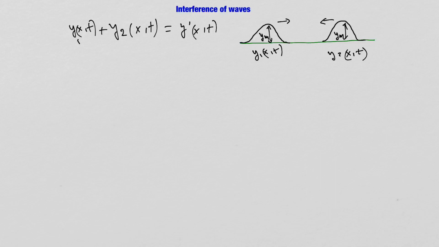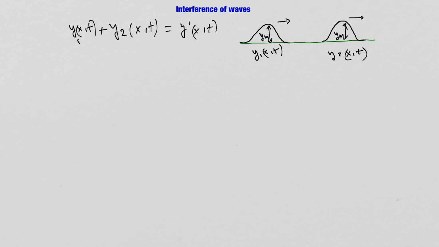Okay, actually I will change this situation a little bit. I'm going to take the waves to go in the same direction, but they will have a phase shift. So both waves y1 of x and t and y2 of x and t are both going to the right, but one of the waves will be shifted by a phase angle phi from the other.